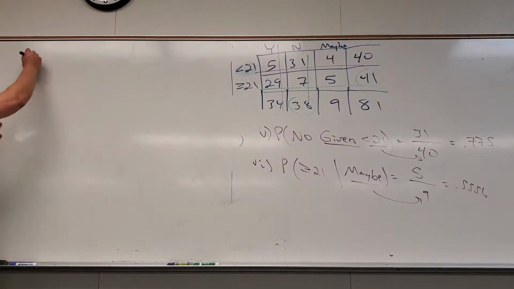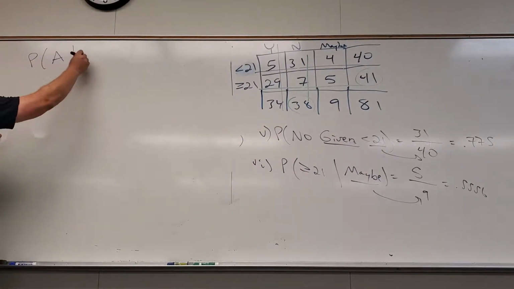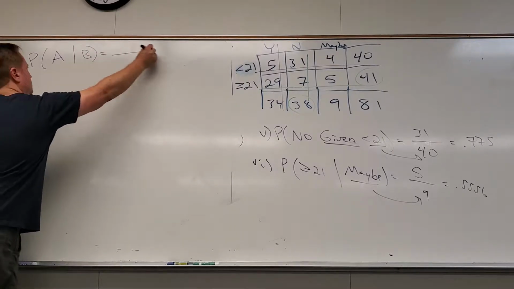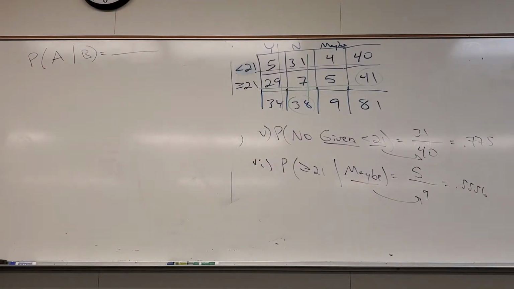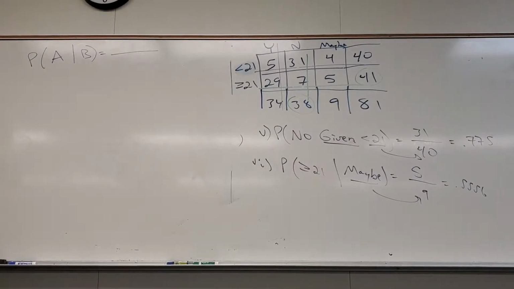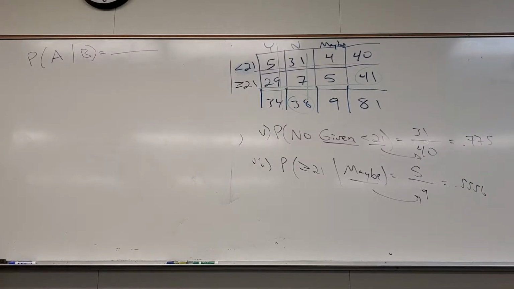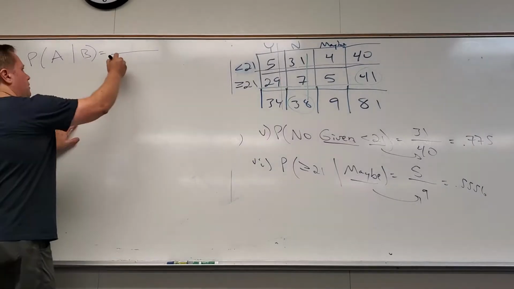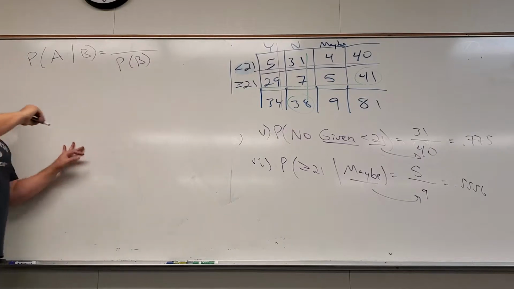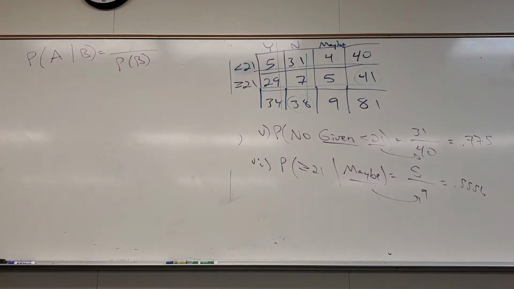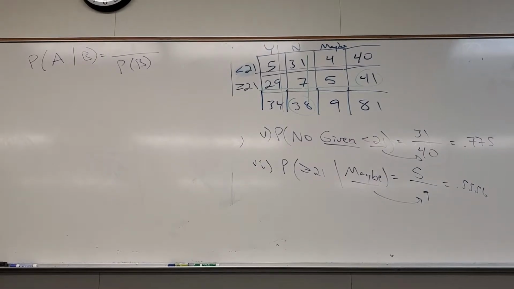What about the probability of A given B? What goes on the bottom? Yeah, something related to B. So what actually goes on the bottom, let me see if you guys are cool with it, is the probability of B. So what's going to go on the top?